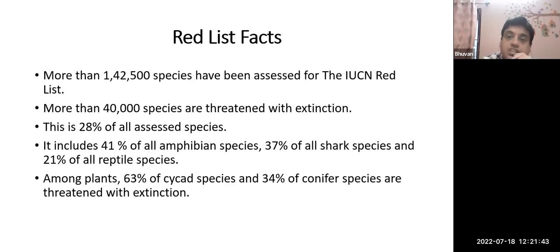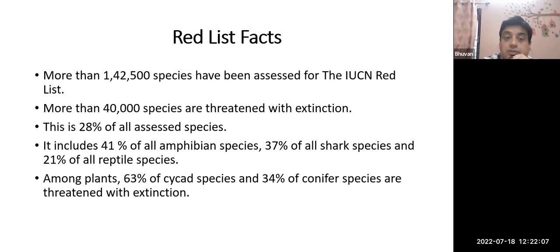Then we come to the various facts regarding the Red List. If we look at the current trend, around 1,42,500 species around the world have been assessed for their status by the IUCN. And out of this number, 40,000 species are facing the risk of extinction.